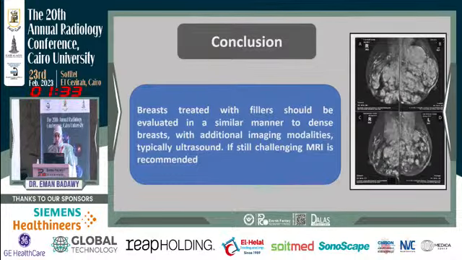But in the filled breast, it should be evaluated in a similar manner to the dense breasts with additional imaging modality, typically ultrasound first, and if it is challenging, MRI is recommended.